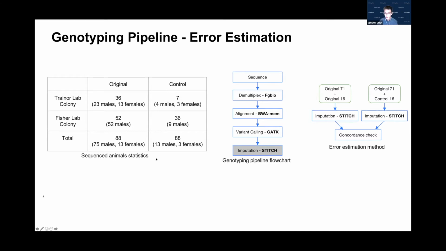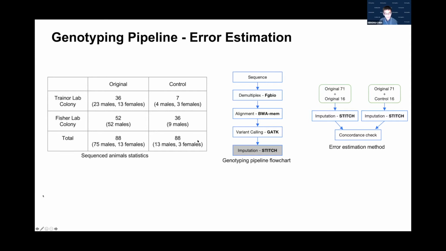What we did was choose 16 out of the original 88, because we got rid of 8 from the 96, to construct a true set for our data. And we tried to match the distribution based on the colony and the gender.